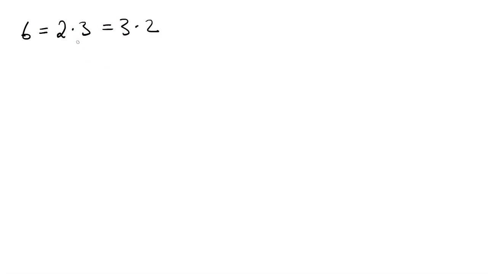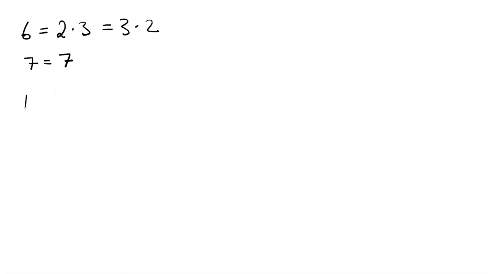But disregarding the order of the numbers, there's a unique prime factorization. So every number has a unique prime factorization. And for example, 7, we consider that to be its own prime factorization. That is something you can prove, and it is a very important result in number theory.